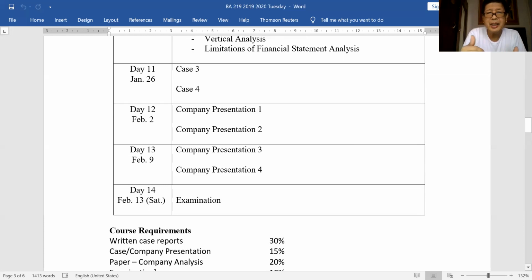These are the matching of groups: groups 1 and 5 will do the same company, groups 2 and 6 will do the same company, groups 3 and 7 will do the same company, and groups 4 and 8 will do the same company.